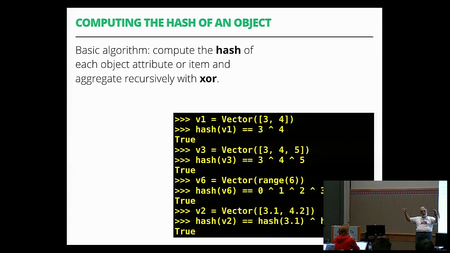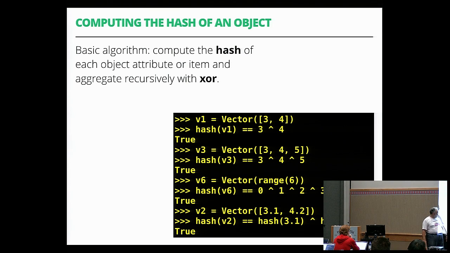So the hash of 3.0 must be the same as the hash of 3. So Python does that. But anyway, what I'm showing here is that the hash of this equals the hash of this, XOR the hash of that.